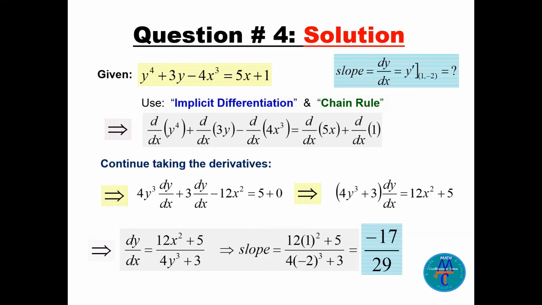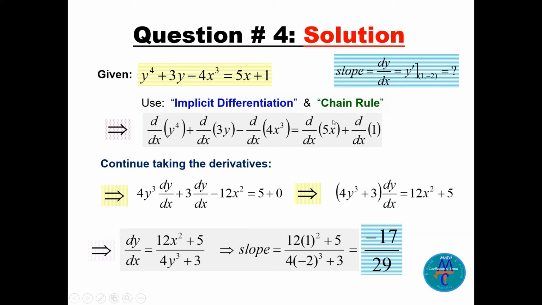So we can start by implicit differentiation. On the left, the derivative of y to the power 4 will be 4y cubed times the derivative dy over dx, plus 3, this is a constant, dy over dx. Now this is only x, 4x cubed, so it will be minus 12x squared.